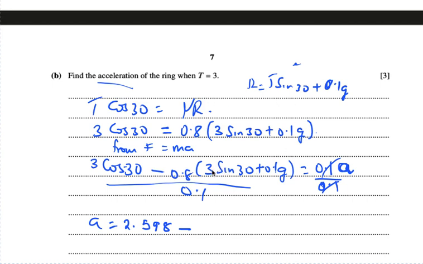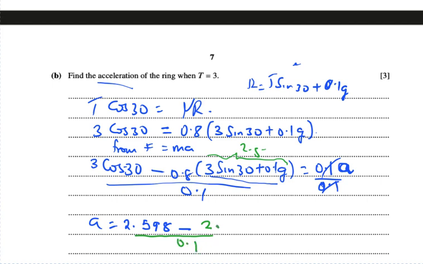So this part here is 2.5, then we multiply it by 0.8, so 2.5 times 0.8 will give us 2. Then all over 0.1.